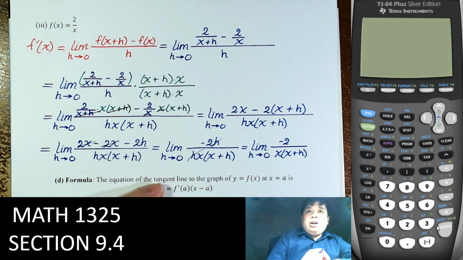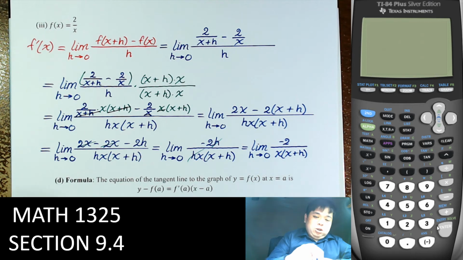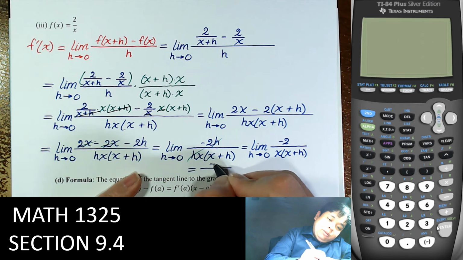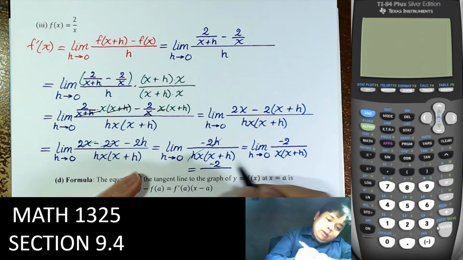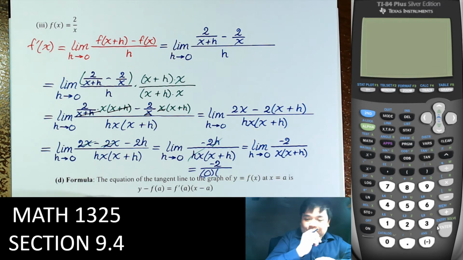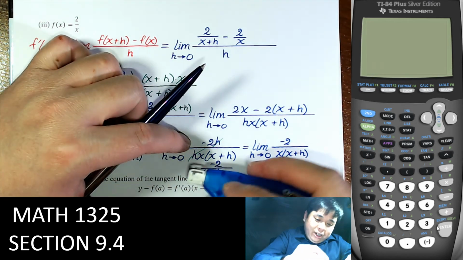Now h goes to 0, so we just substitute 0 in for h.